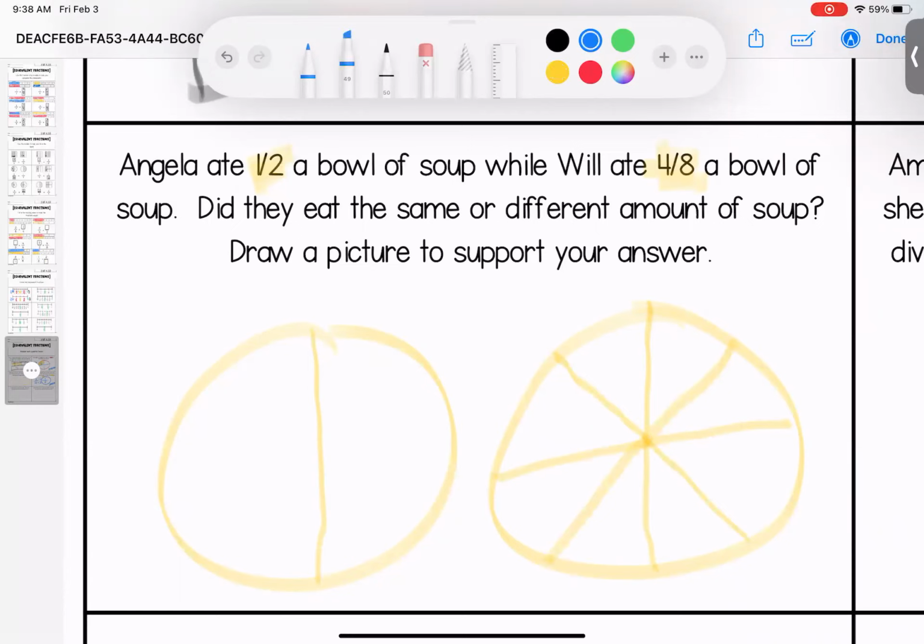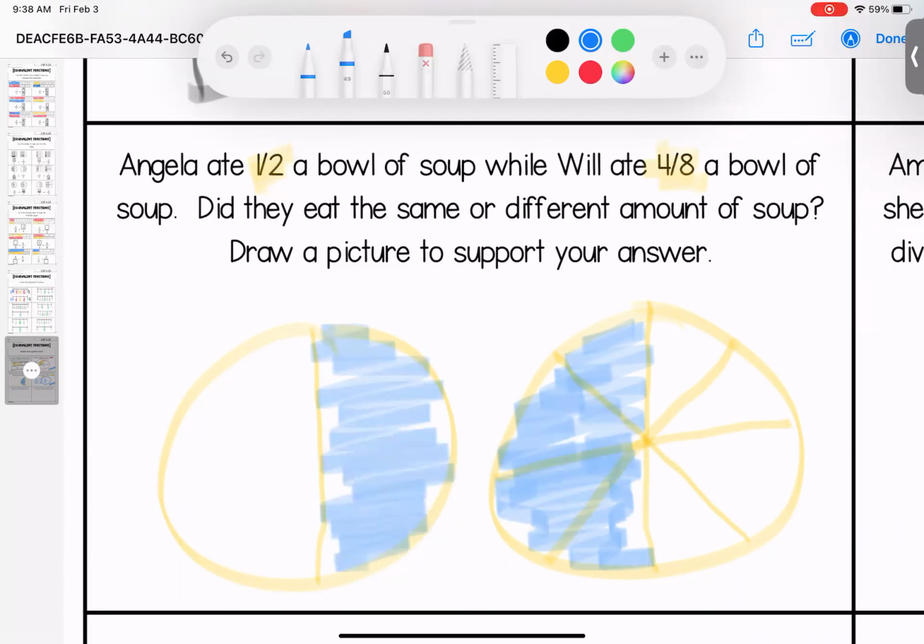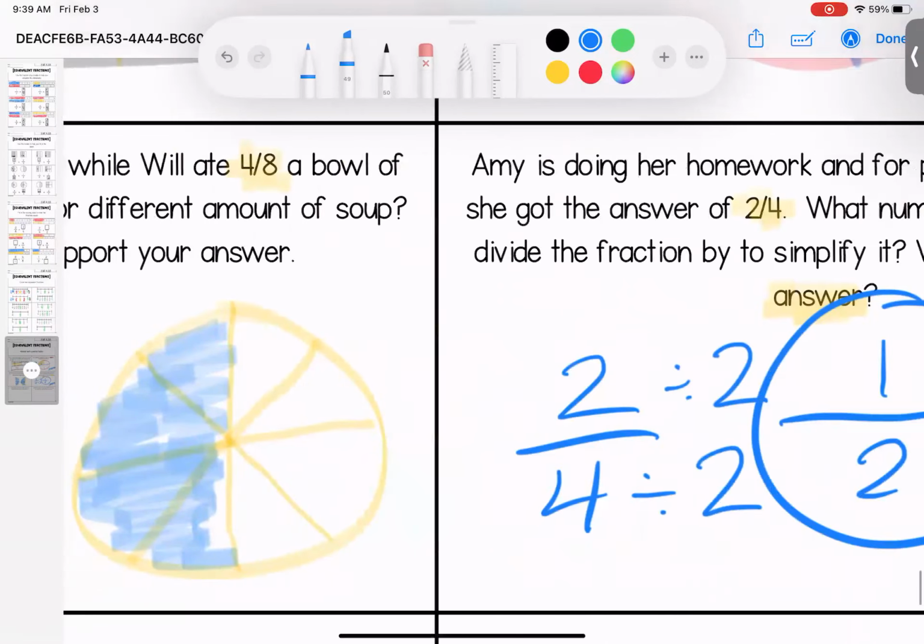If you have any trouble finding your anchor chart, it is in the classroom with your homework. It is a printable, but you can also save it, and it is there to help give you a visual. So would I say that they ate the same or different amounts? They ate the same. Even though Will ate 4 of the 8 pieces, that is still the same as 1/2. You can see that from your visual.